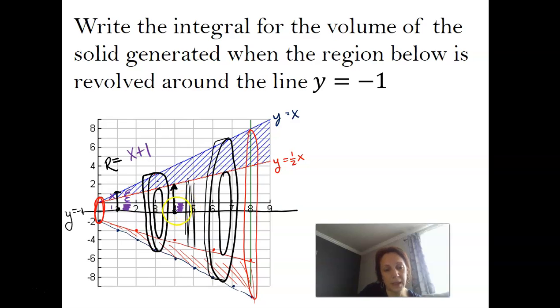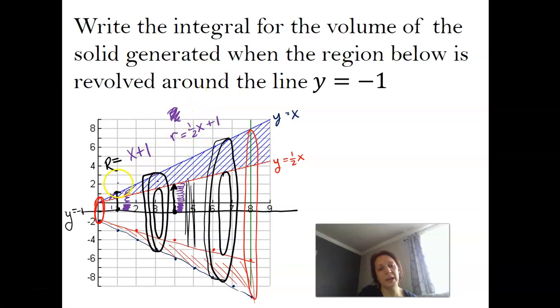But I need to add that to the distance that goes from the axis up to the curve. Great news, this distance has to be 1/2 x plus 1 more. So my inner radius is 1/2 x plus 1.